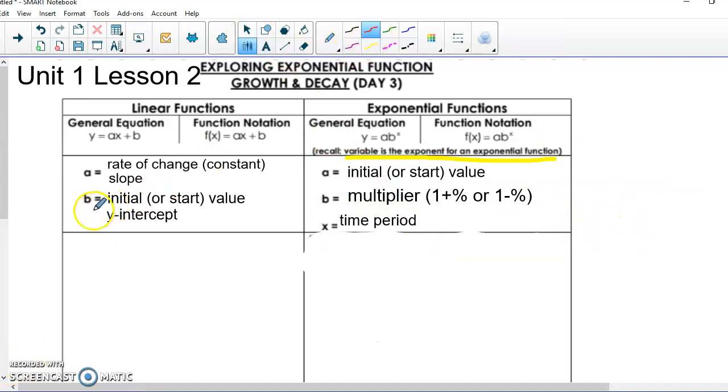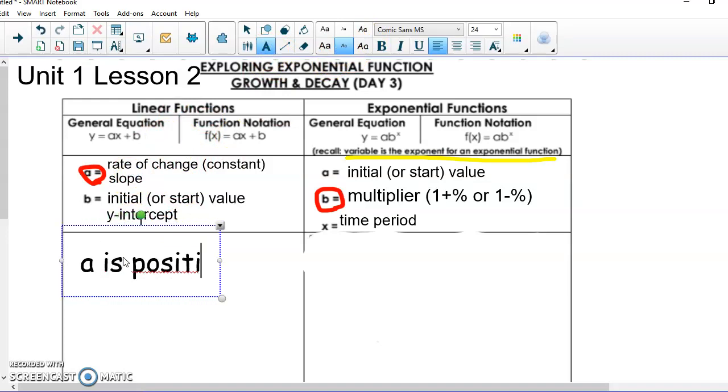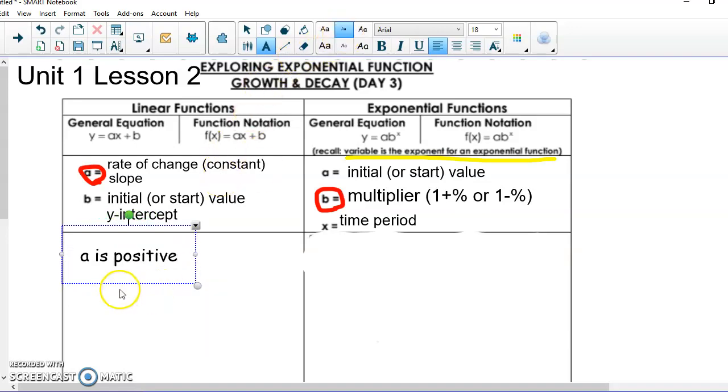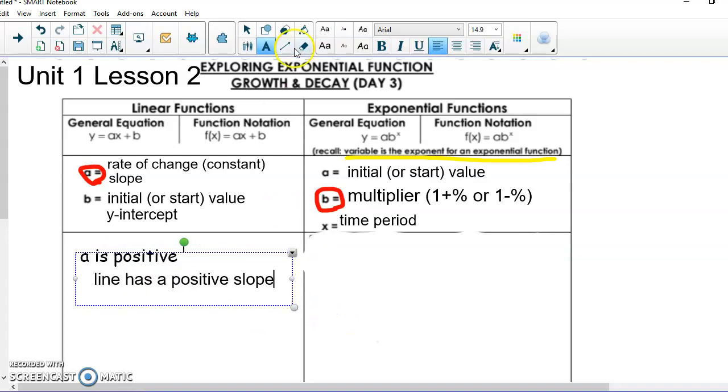Now I want to discuss the rate of change and our multiplier, and how those affect what the graph looks like. So let's start off with our linear functions. If a is positive, then the line has a positive slope, so the graph is going to be increasing, or going up.